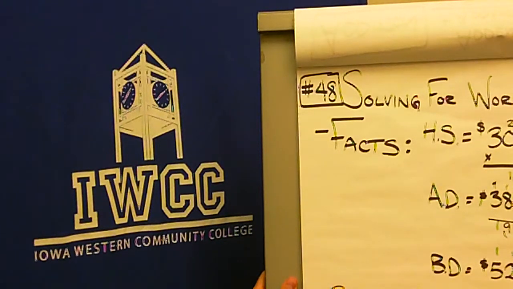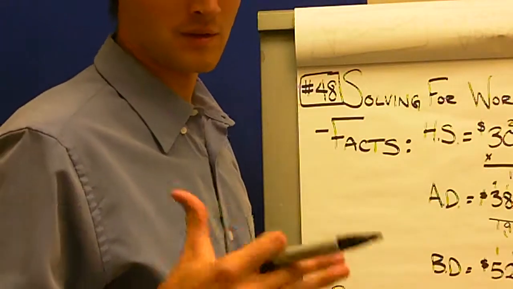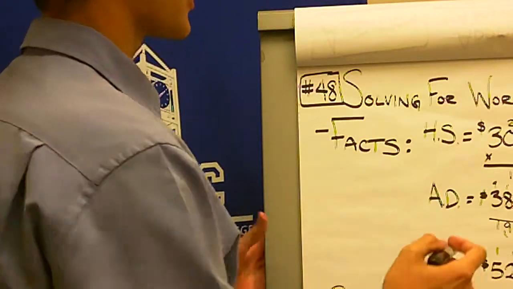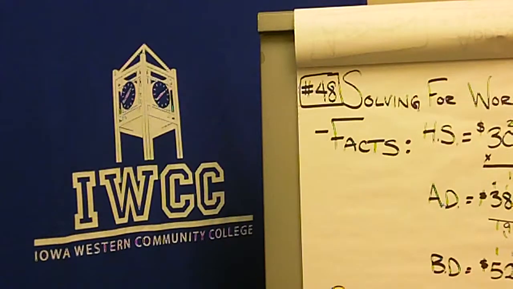Carry 9, 0, 1. So the difference between a bachelor degree graduate and a high school graduate is $1,090,000. Would you like an additional $1 million? I know I would. Let's figure out the difference between an associate degree and a high school graduate.